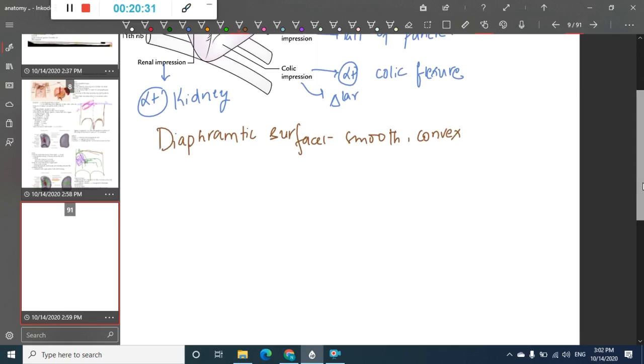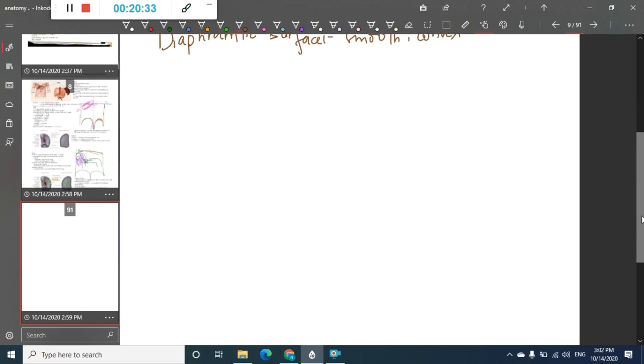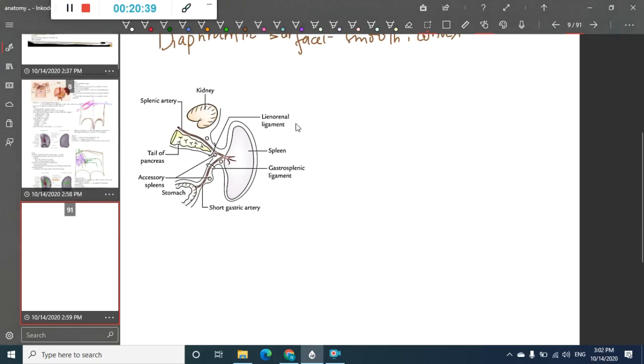Okay, now what about the peritoneal relations of spleen? So we also have relations called peritoneal relations of spleen. This is the picture of peritoneal relations of the spleen.